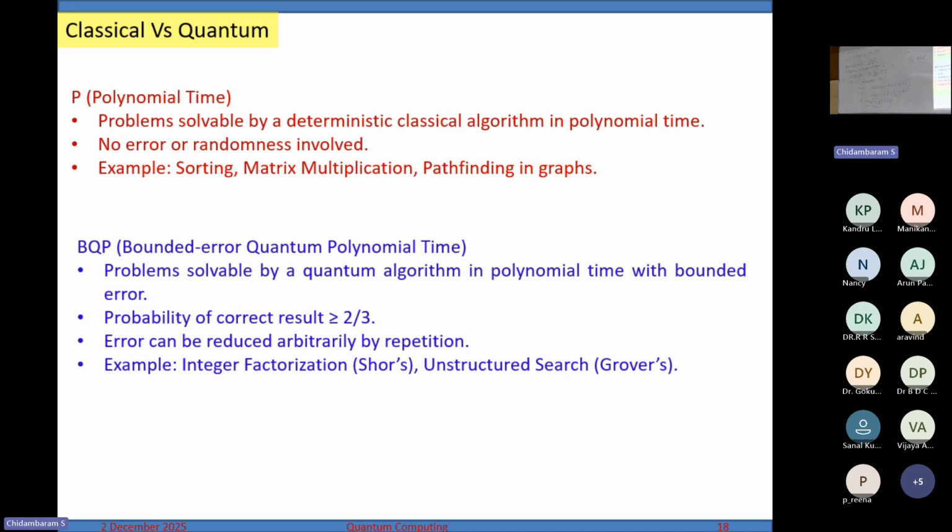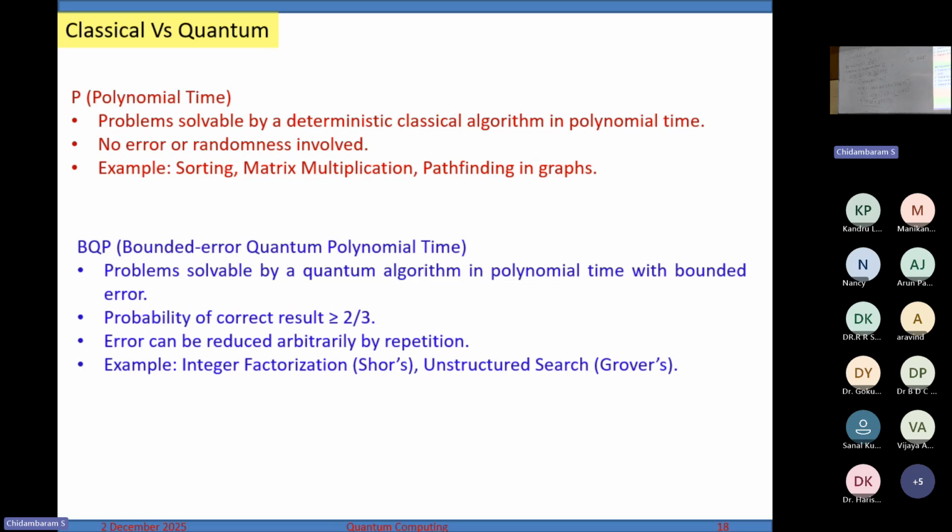And on this error, I think Ganesha sir was telling in the morning about neural network learning, where we learn in a way that the error rate comes to 0. But there would be a point where it comes to a particular epsilon value. We aim for that epsilon to be 0, but it will not be.